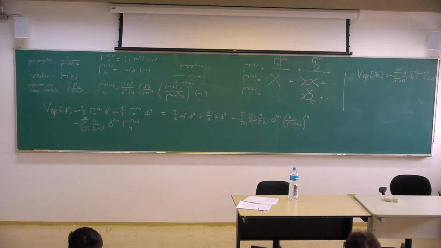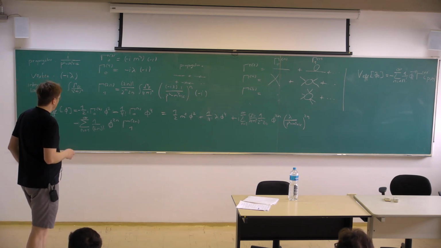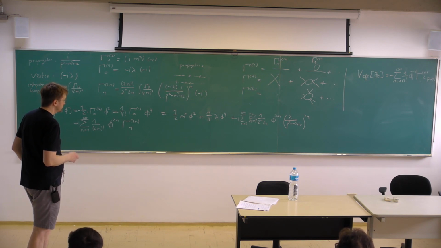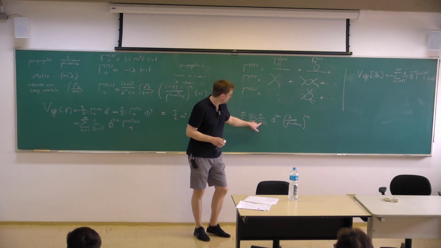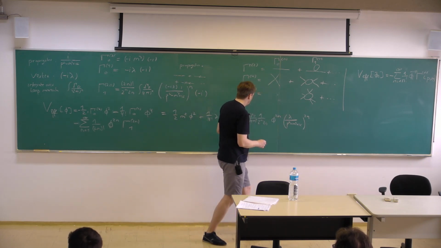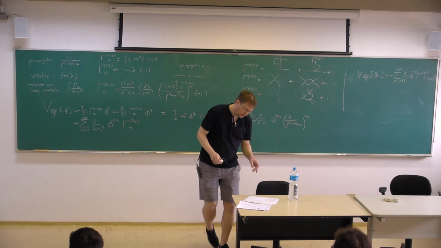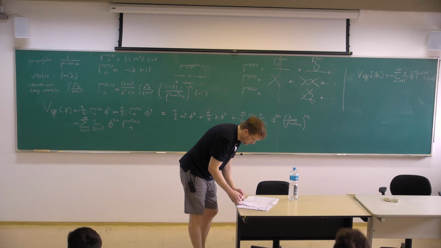Is that clear? It's just basic math that I'm doing now. So next, let's write this. It's a bit more convenient to write it so that I can pull the 2 to the n in here. Sorry, wait a second.